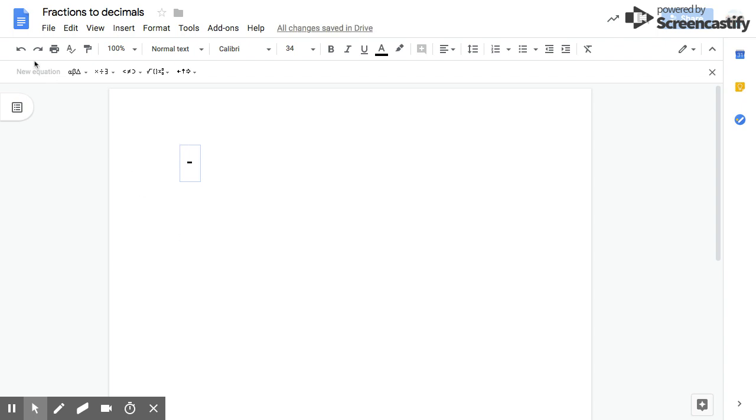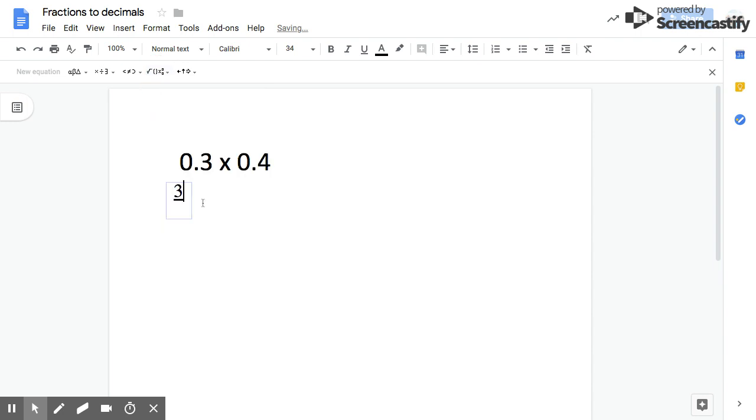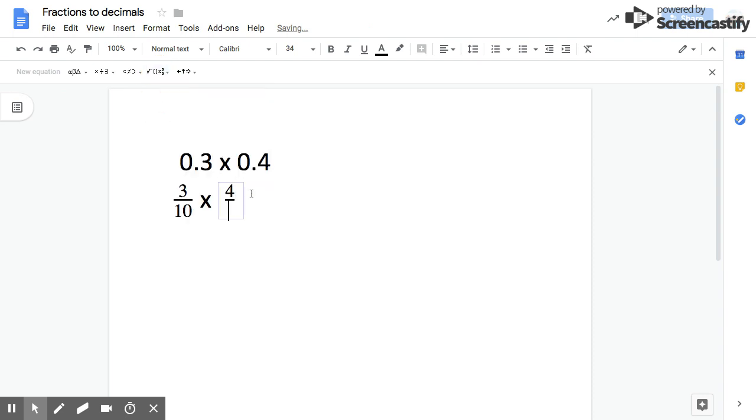decimal. So just thinking about if you have the problem of 3/10 times 4/10, then we could represent that as a fraction if we chose to. So that'd be 3/10 times 4/10.